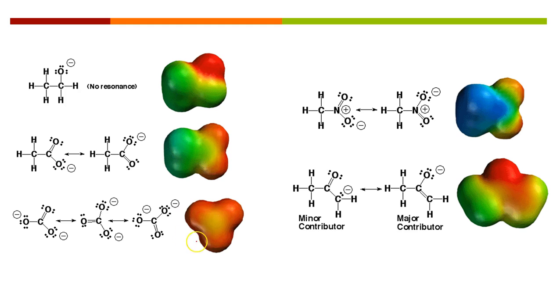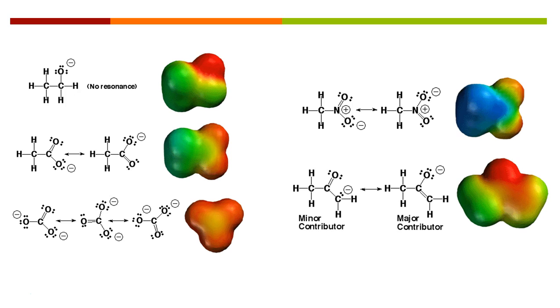Here with the carbonate anion, again, we have all these oxygens, so that double bond can bounce around between all the different oxygens. With resonance, there's usually a minor contributor, which is the less stable version, and a major contributor. You will not be asked to specify which is the minor and which is the major. You just need to identify resonance at this stage.